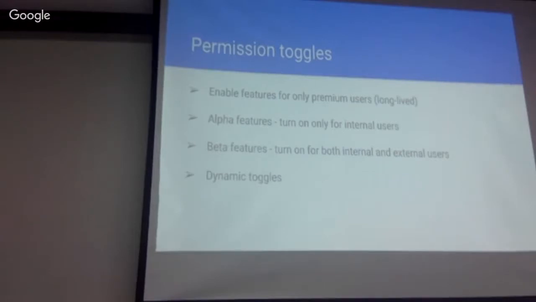It could also be used for alpha features, like testing some features only for some internal users before we roll out to external users. Since these are typically catering to a user-based category, it has to be very dynamic again.